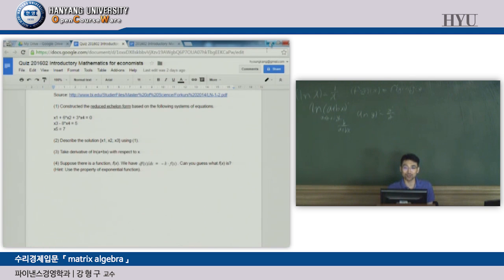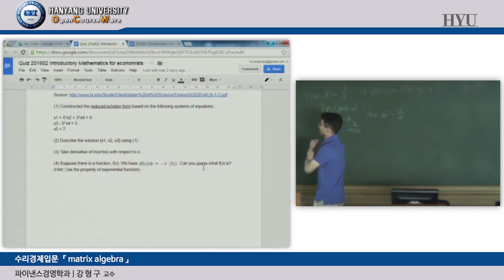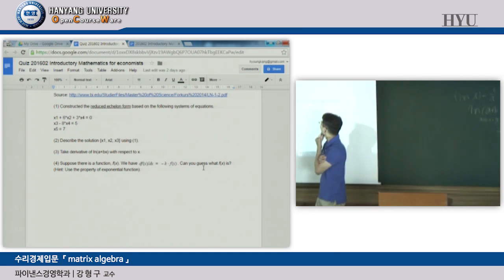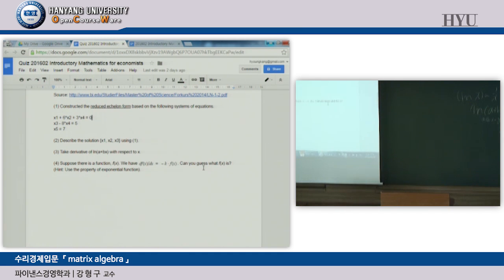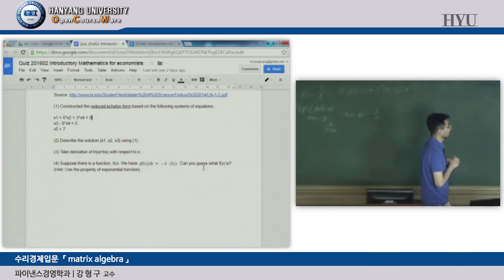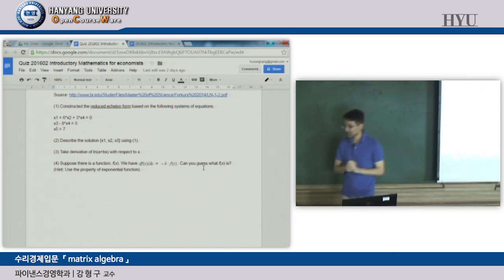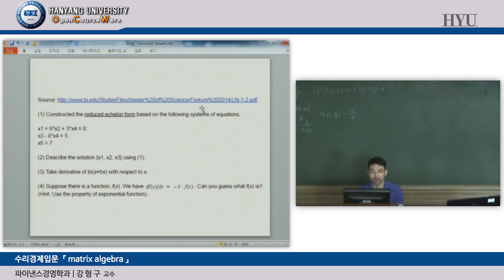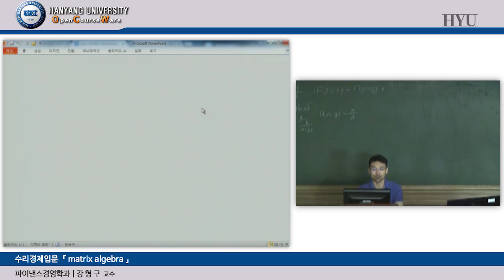And the third one is a bit trivial. Not trivial, it's actually tricky. This is a problem where I gave you information about derivatives. It says there's something like this, right? Now I close this one.